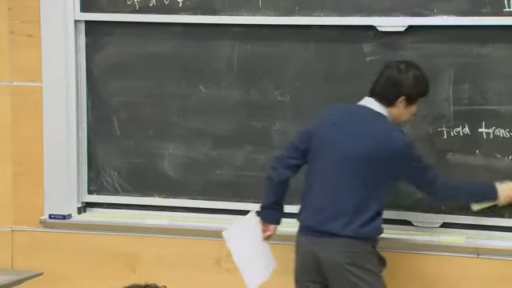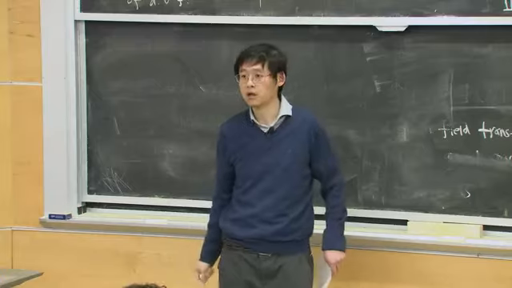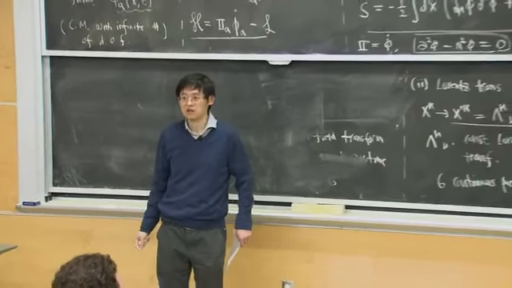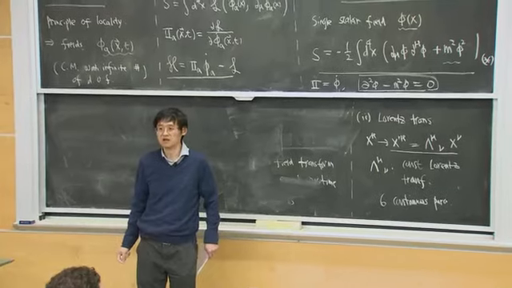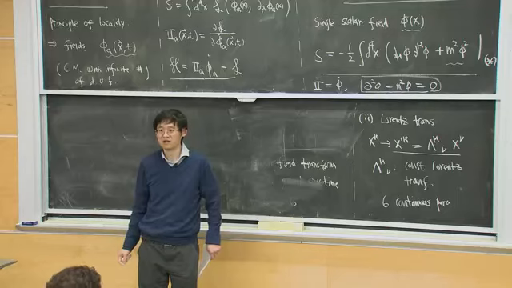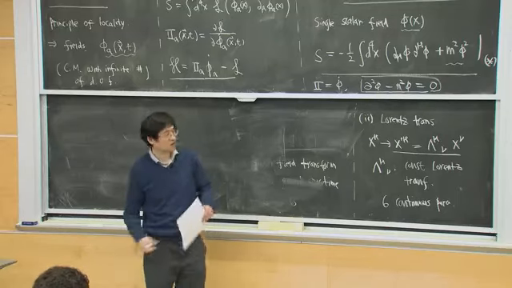Show if something is a symmetry of your action for your system. Would you directly vary the parameter and then show that your action doesn't change, or would you do that in infinitesimal form?